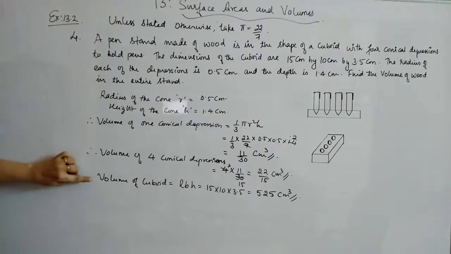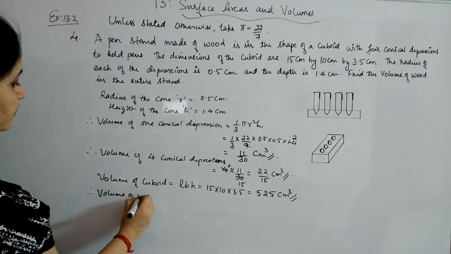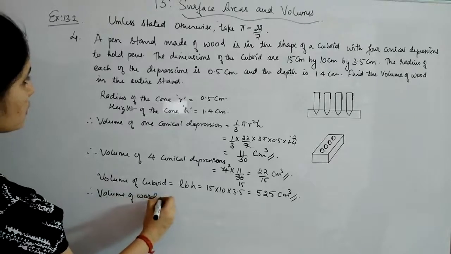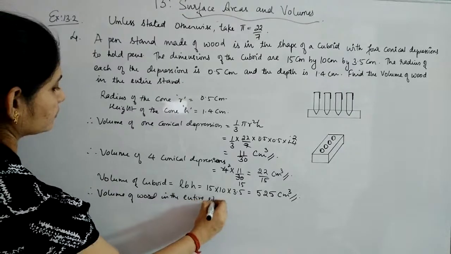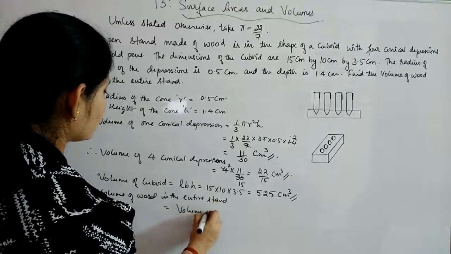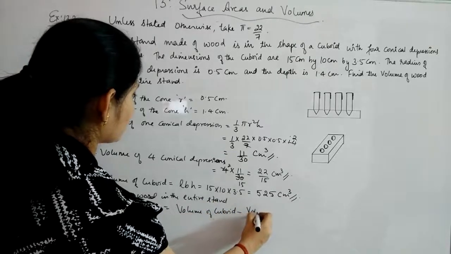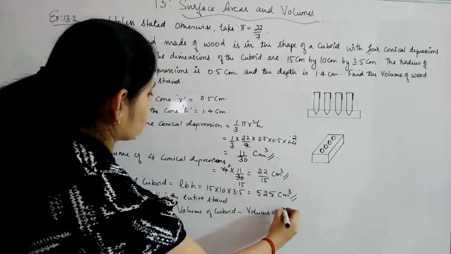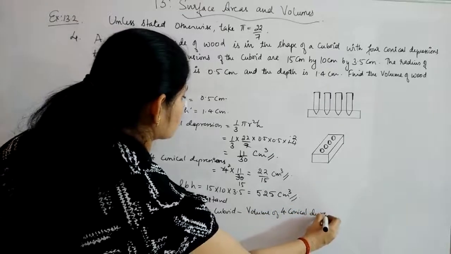That means the volume of the cuboid minus the volume of the 4 conical depressions. Therefore, the volume of wood in the entire stand will be equal to the volume of cuboid minus the volume of the 4 conical depressions.